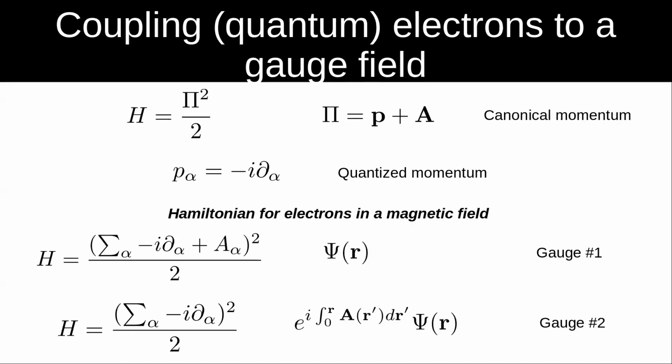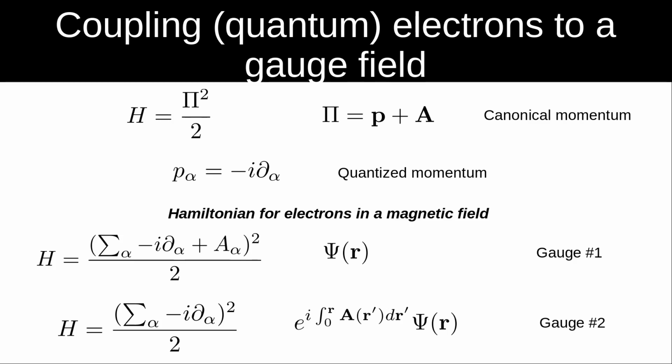We can use the very same trick in quantum mechanics. So we use this canonical replacement: we replace the momentum by P plus A in our Hamiltonian, which is now a quantum Hamiltonian. What we have to do simply is solve a differential equation with P and A, recalling that P is now the derivative with respect to the position in real space.